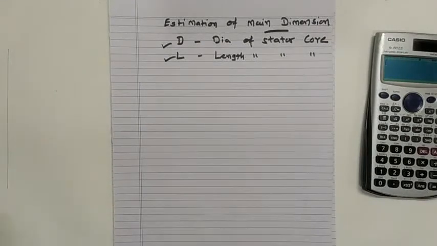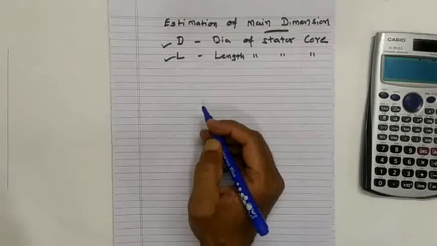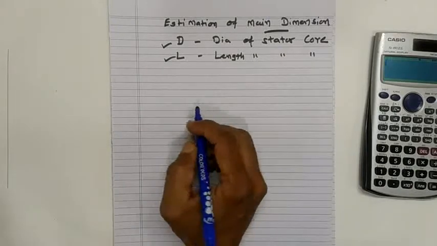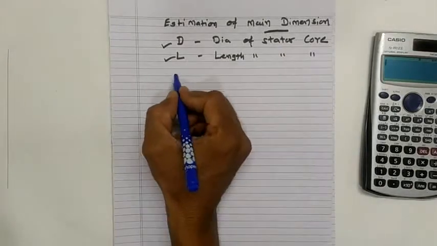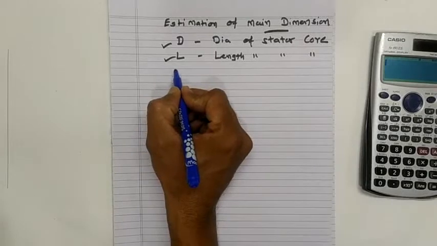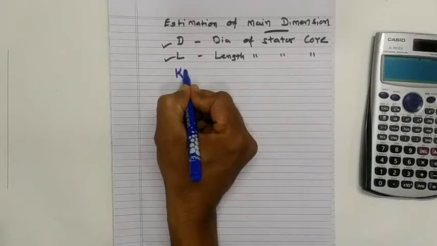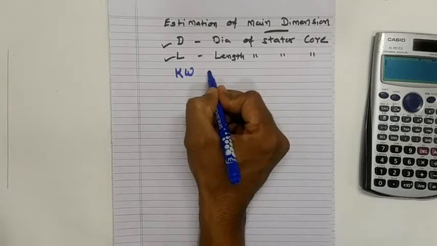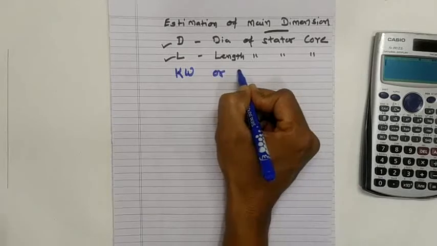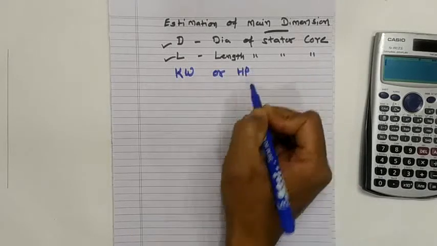Before we start calculating our main dimension, normally there is a specification of motor available, either in kilowatt or in HP.